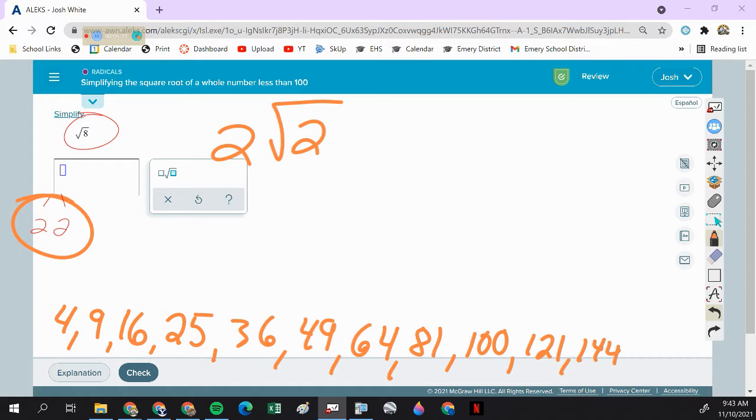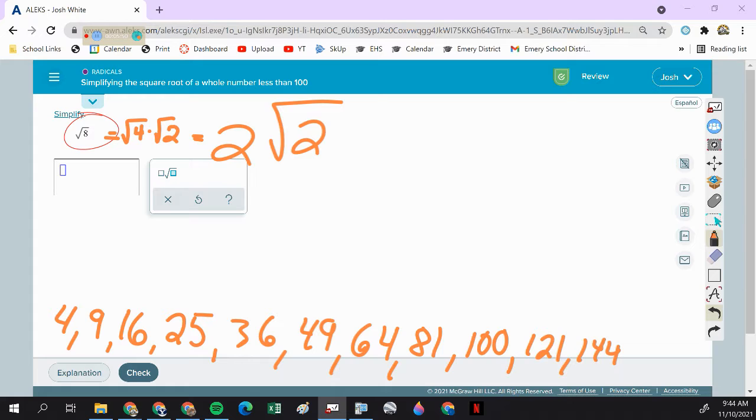Which of those numbers is a factor of 8? 4. So I could rewrite this as the square root of 4 times the square root of 2. That's just the square root of 8. But the square root of 4 simplifies to be 2. So this turns into 2 root 2.